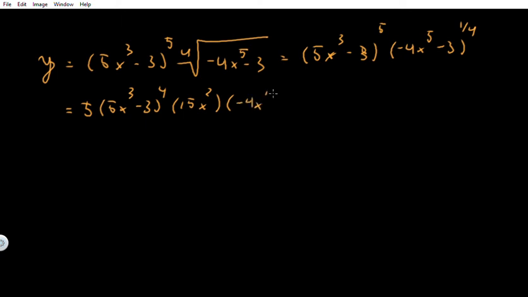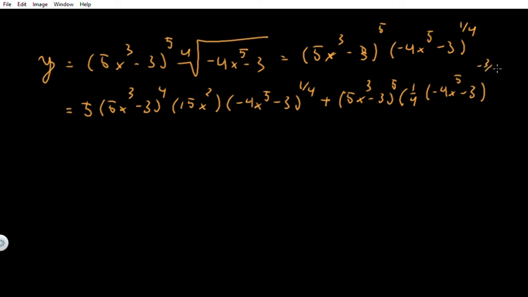Negative 4x to the fifth minus 3 to the 1/4 power, plus, and I just tack this on, 5x cubed minus 3 to the fifth multiplied by the derivative of the second function now, and I bring down the 1/4 times negative 4x to the fifth minus 3, and I subtract 1 from this exponent, and now I get negative 3 over 4 times the derivative of the inside function, negative 20x to the fourth.